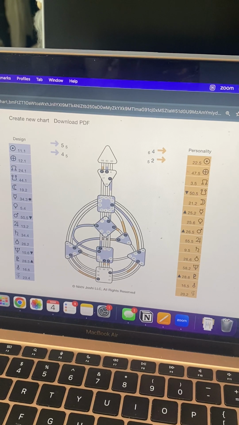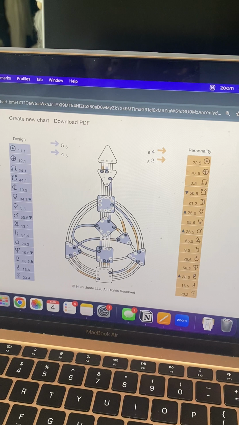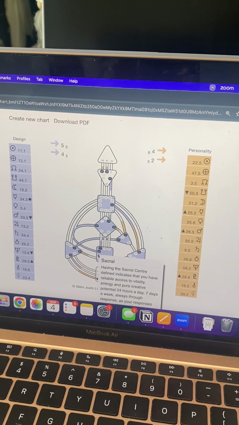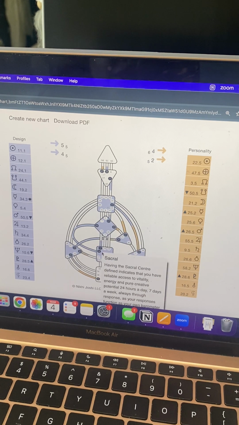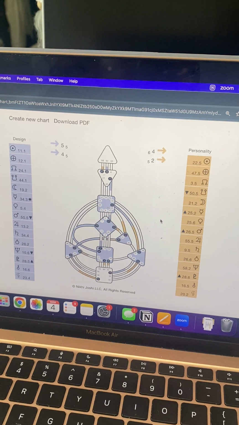I want to quickly talk about this channel, 10-34, connecting gate 10 to gate 34, creating the channel of charisma, where if you are really honoring and trusting that you are charismatic, you are magnetic in so many ways.